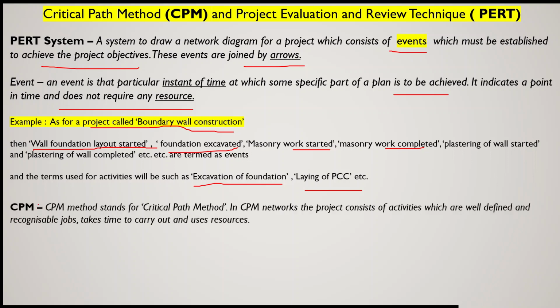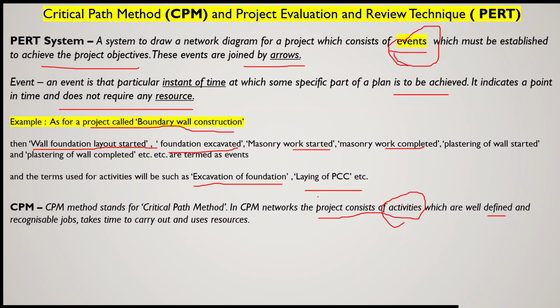Now in CPM, that means the critical path method, its name is known as the critical path method. In a CPM network, the project consists of activities. Now if you see here, in PERT the project consists of events, but in CPM the project consists of activities which are well defined. If you take the example of laying of PCC, it is well defined in itself.